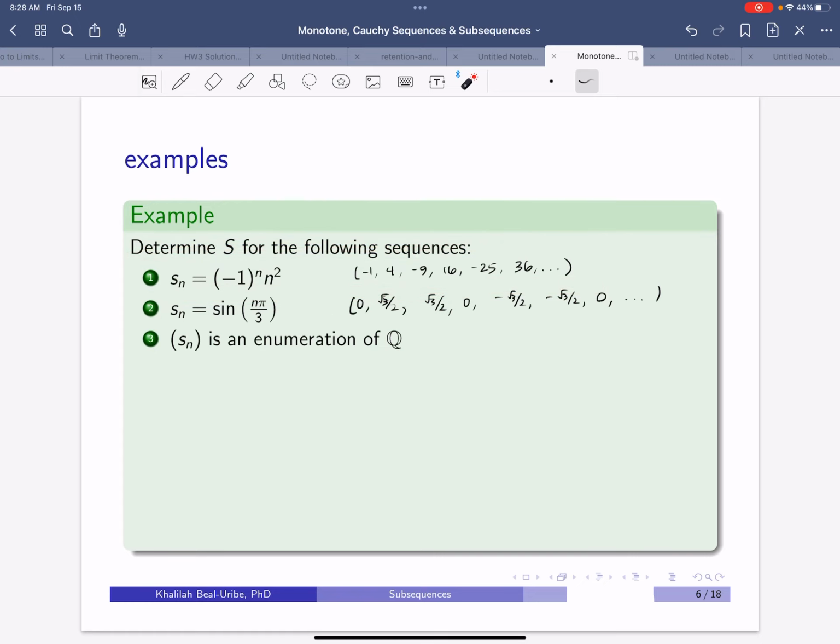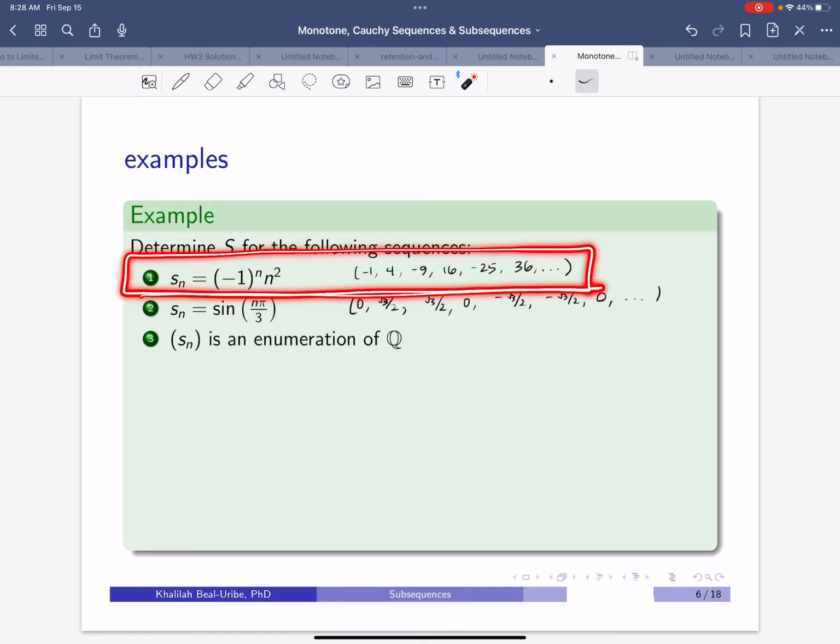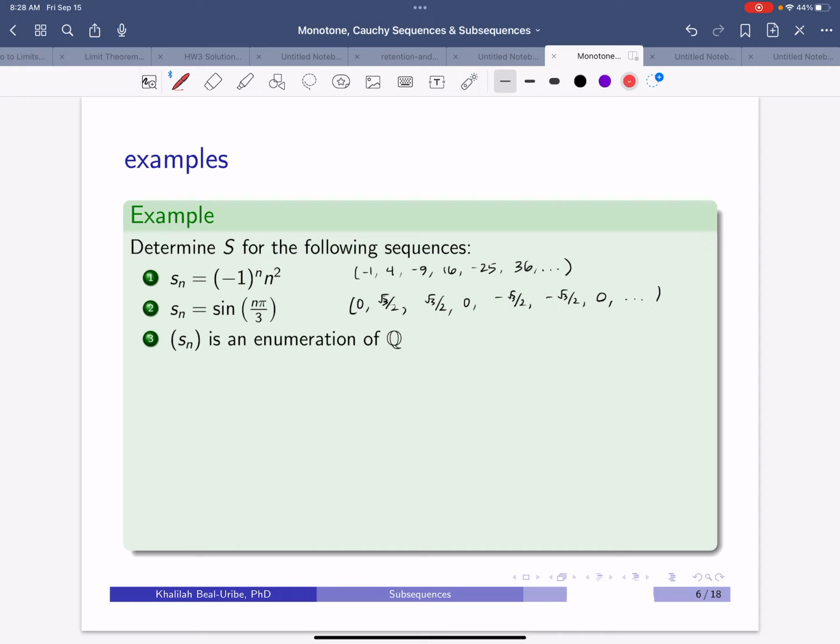And the answer is going to be no. And the reason why we can say that is because any subsequence is going to be unbounded. And we know that convergent sequences are bounded. So, for number one, we'll say our set of subsequential limits is an empty set.